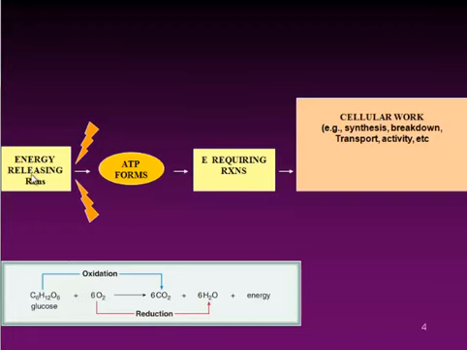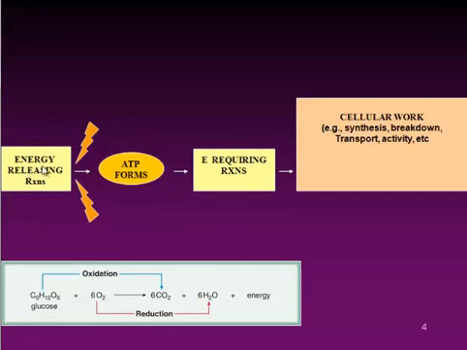The act of burning a sugar releases energy that you can then store up into ATP. And that ATP can then get used for energy requiring reactions like building proteins or building hormones or whatever it is. Whatever your body needs to do cellular work, it can only use ATP.